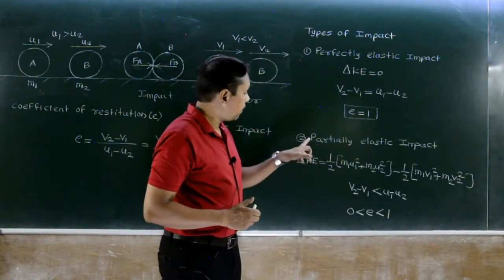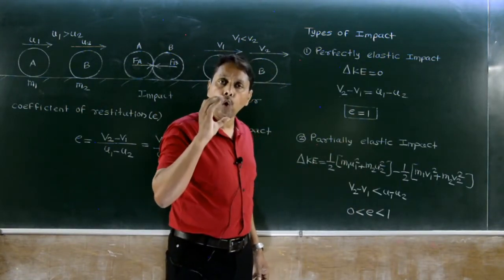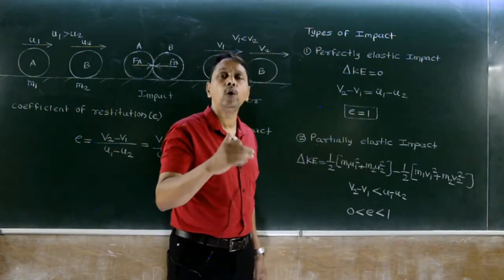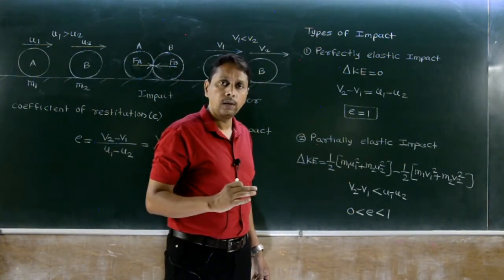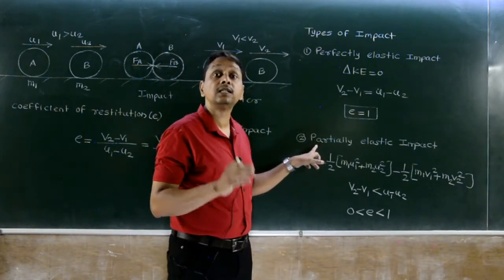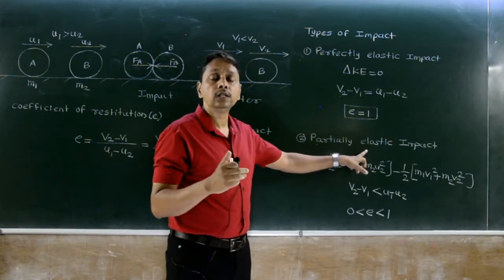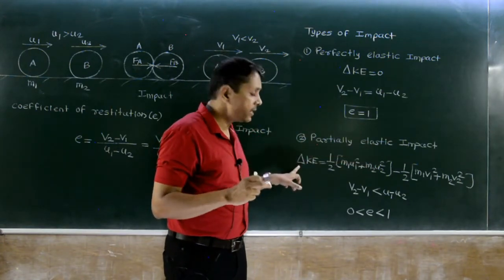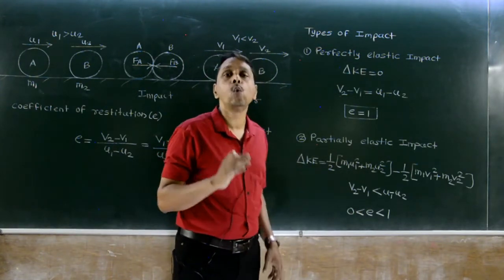For partially elastic impact, the E value is between 0 and 1, and to solve numericals they provide a value of E like 0.5, 0.8, 0.7. Understood? In partially elastic impact there is some loss of kinetic energy, which is measured in terms of kinetic energy, and for that the E value is between 0 and 1.